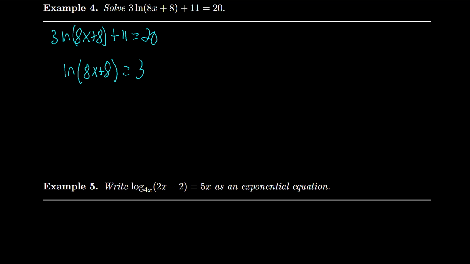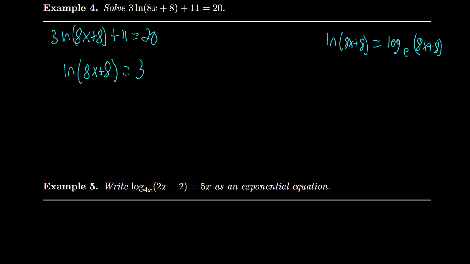Once you get to this step, now the natural log is alone by itself. Remember, the natural log is log base e. We're using that the natural log of 8x plus 8 is notationally equivalent to log base e of 8x plus 8. Just keep that in the back of your head.